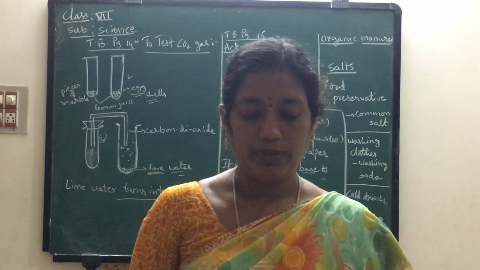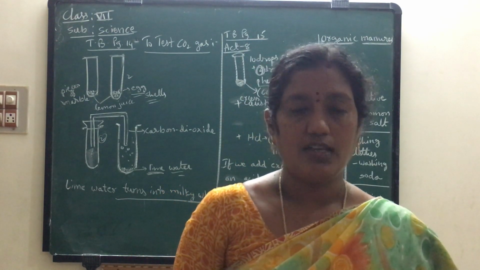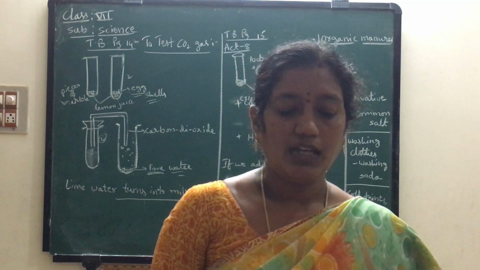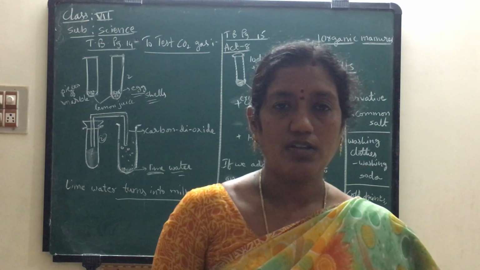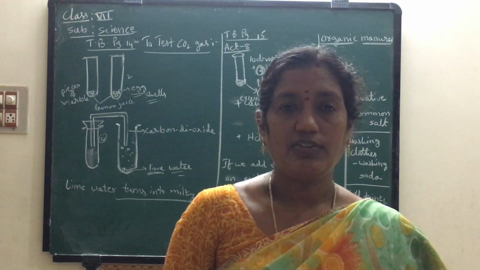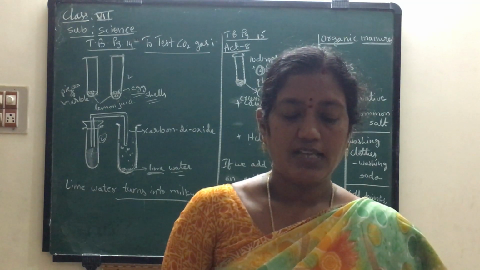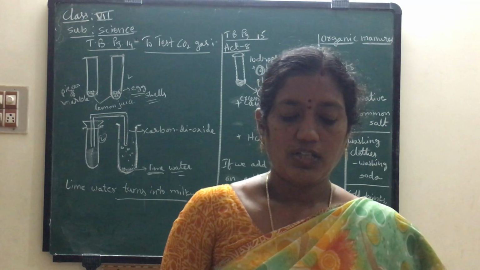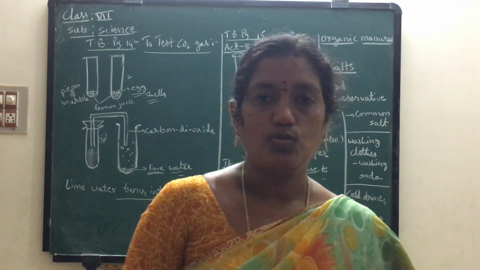For cool drinks we use carbonic acid, and for removal of intestines we use oxalic acid. For manures and batteries, sulfuric acid is used, and for medicines and dyes, hydrochloric acid. And for explosives, nitric acid is used.